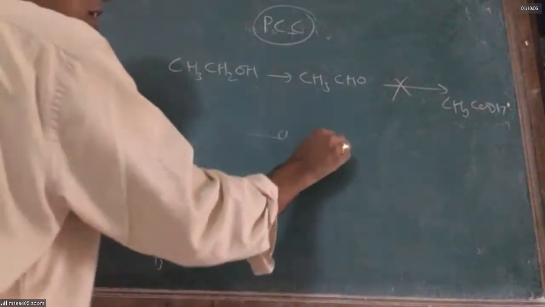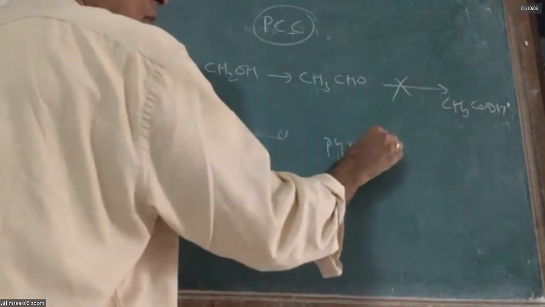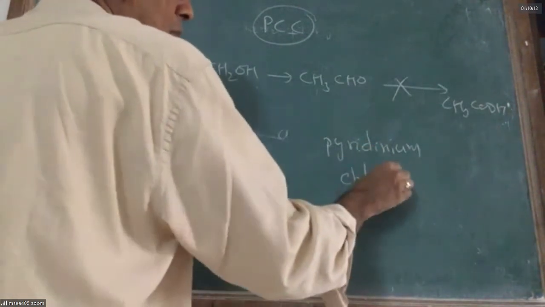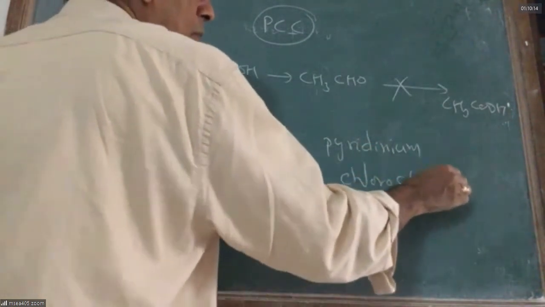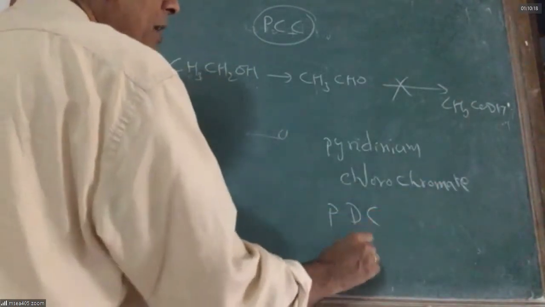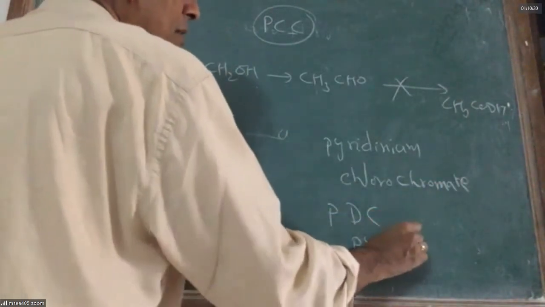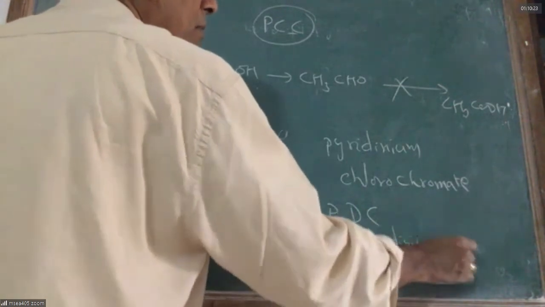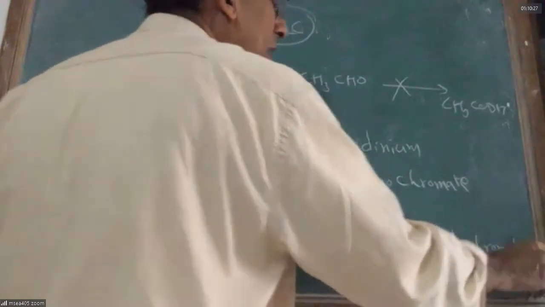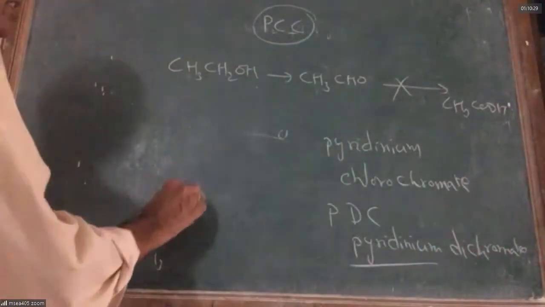What is its name, sir? Or PDC, pyridinium dichromate. It means to potassium dichromate, you add an organic chemical called pyridine. This is pyridine.